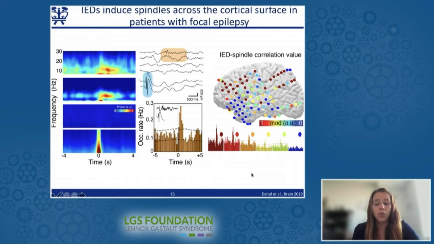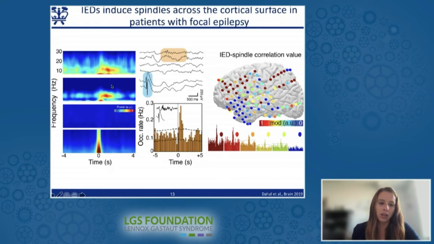And we found this same IED spindle coupling that we saw in our rodents in our human subjects. What I'm showing here is an example raw trace: an IED from one of our human subjects, and you can see, just like in the rats, we have this coupled spindle oscillation.